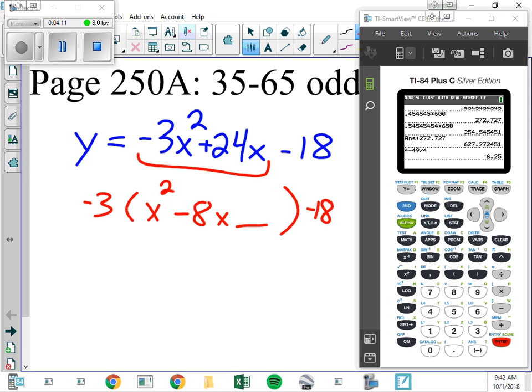You don't want to take that negative 3 out of the 18 because that puts the constant inside the parentheses, which is not what we want. So negative 3 times x minus 4 squared, and then this is plus 16. So what do I do to the negative 18?